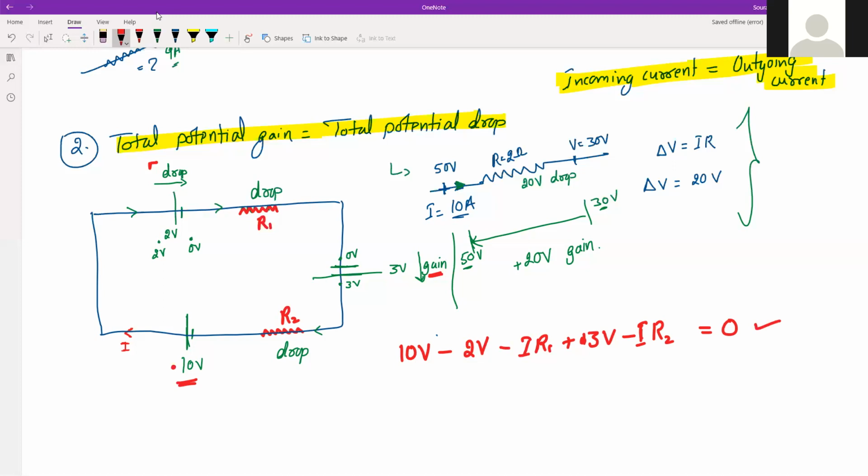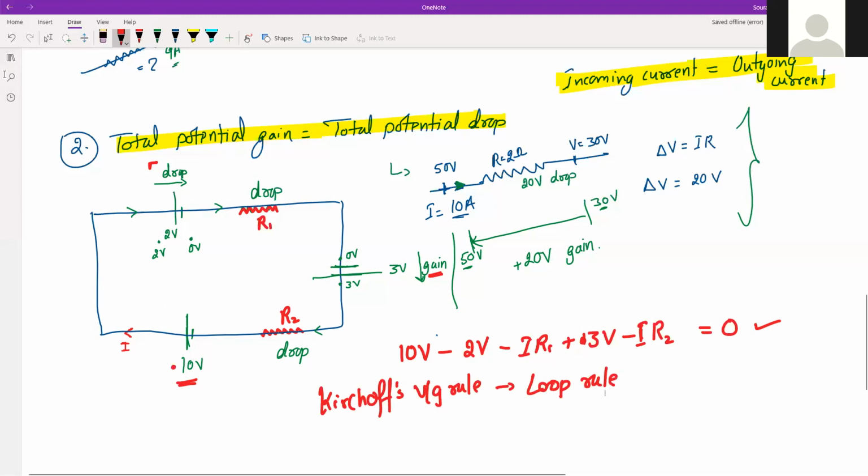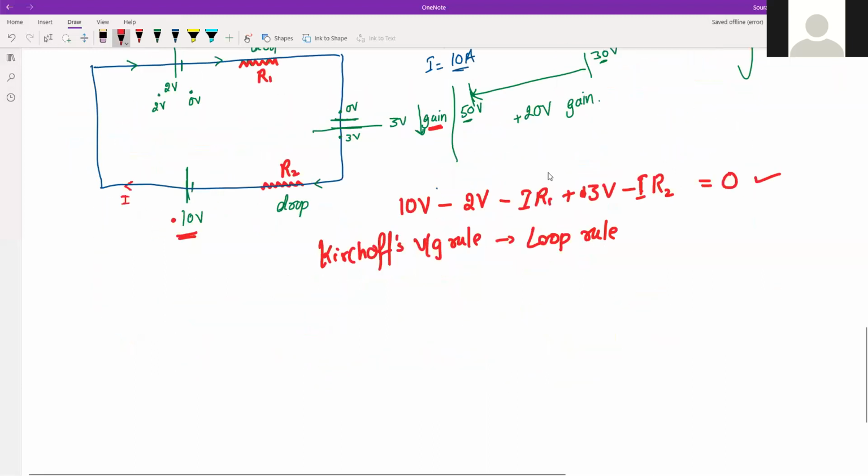This is called Kirchhoff's voltage rule or loop rule. So it's a closed path. So again, what can I write for this?